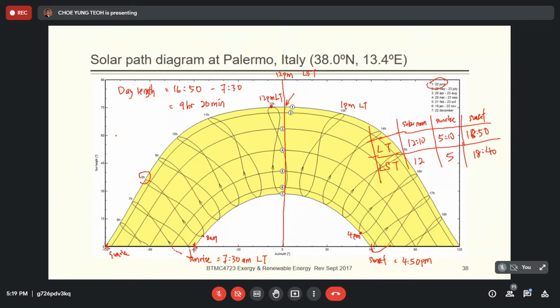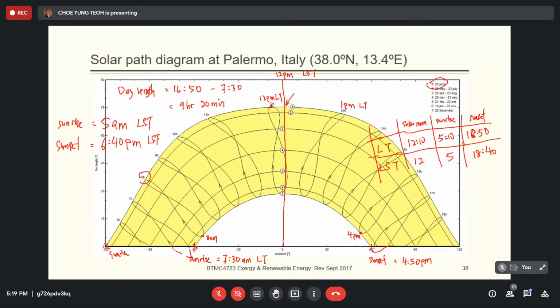So I would say that sunrise should be at 5 a.m. local solar time, and sunset is at 6:40 p.m. local solar time.